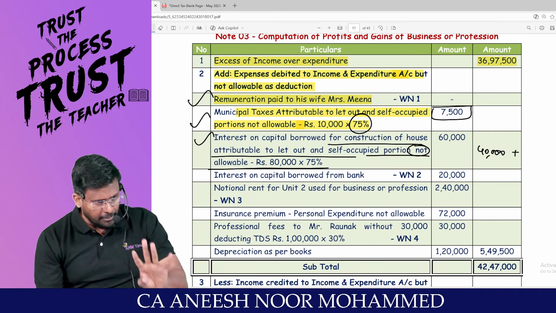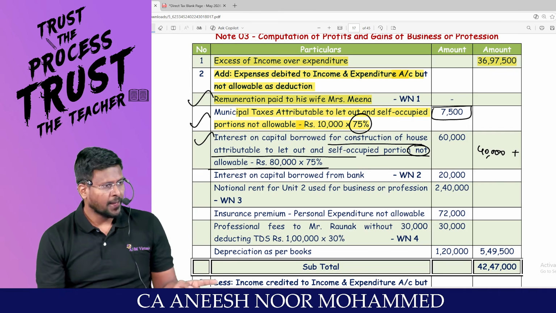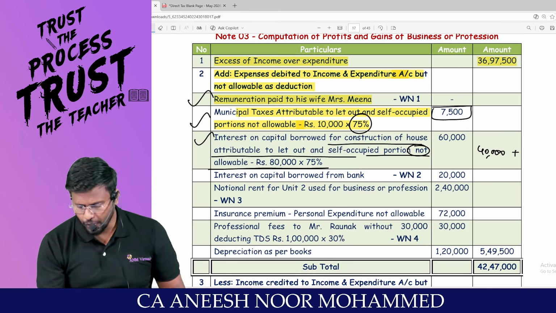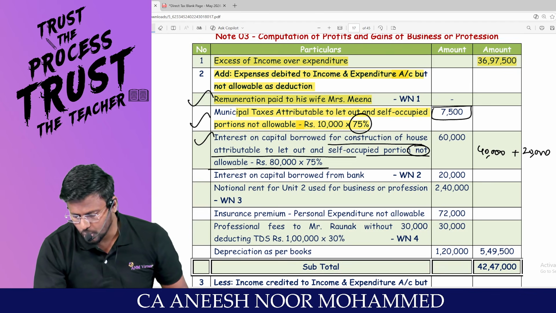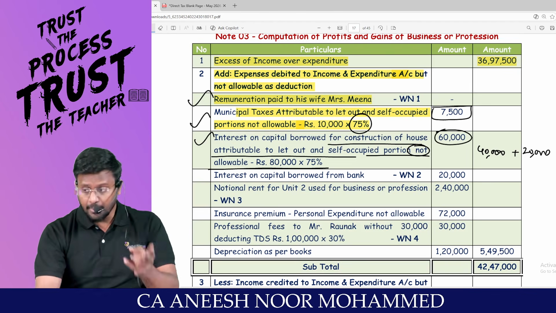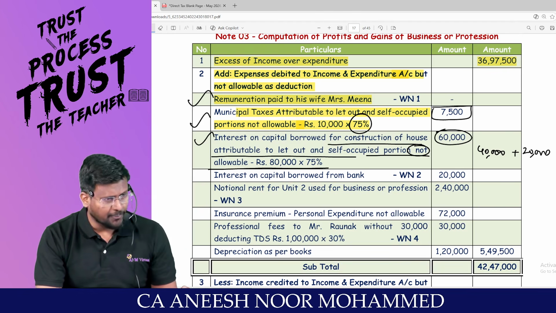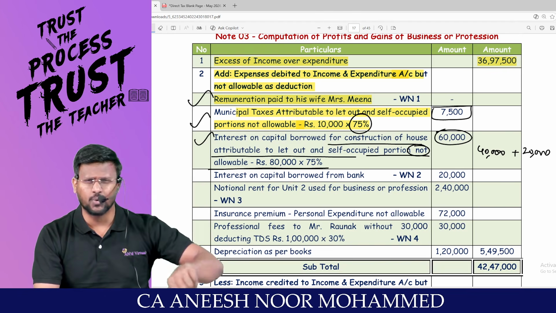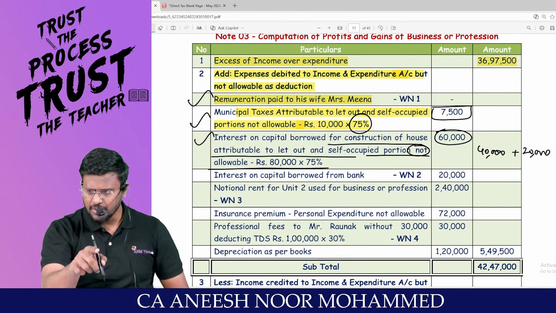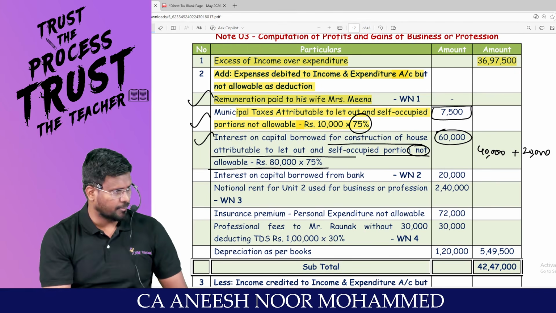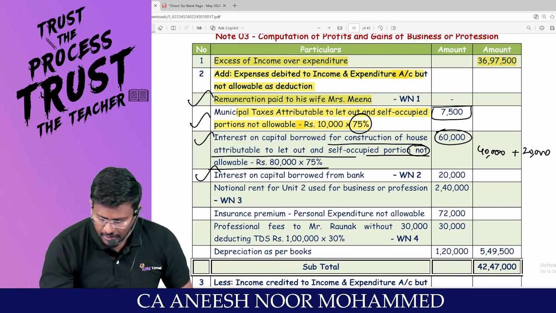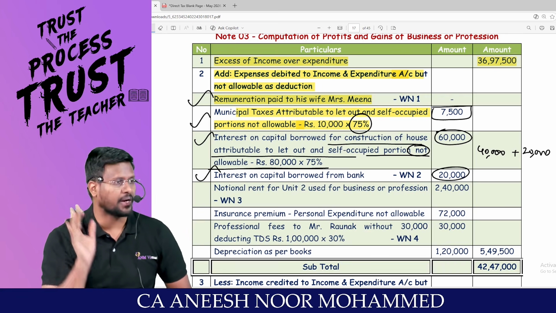And on the remaining 40,000, 25% is for self-occupied portion. So that 20,000 should also be added back. That means remaining how much is there? 20,000 is there, which is 25% for business purpose. Business purpose means 43B will be applicable. Have they paid before filing return of income? No. So even that 20,000 should also be added back.